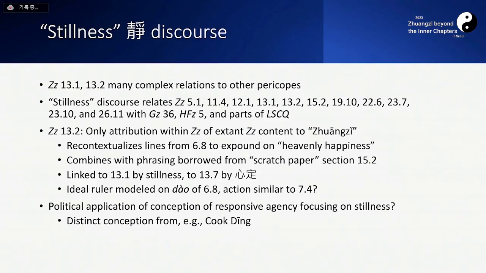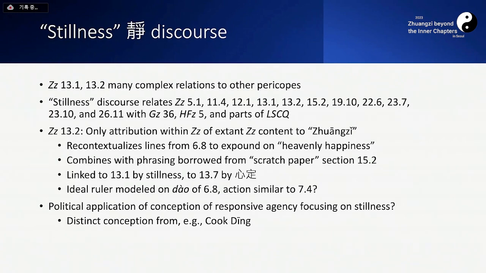It's also notable in that 13.2 is the only section that provides an attribution within the Zhuāngzǐ corpus of a known piece of Zhuāngzǐ content to an authorial Zhuāngzǐ figure when it quotes that line about my master, from section 6.1. And of course, in 6.1, that's in the mouth of the character Xu You, and here it's put in the mouth of Zhuāngzǐ.